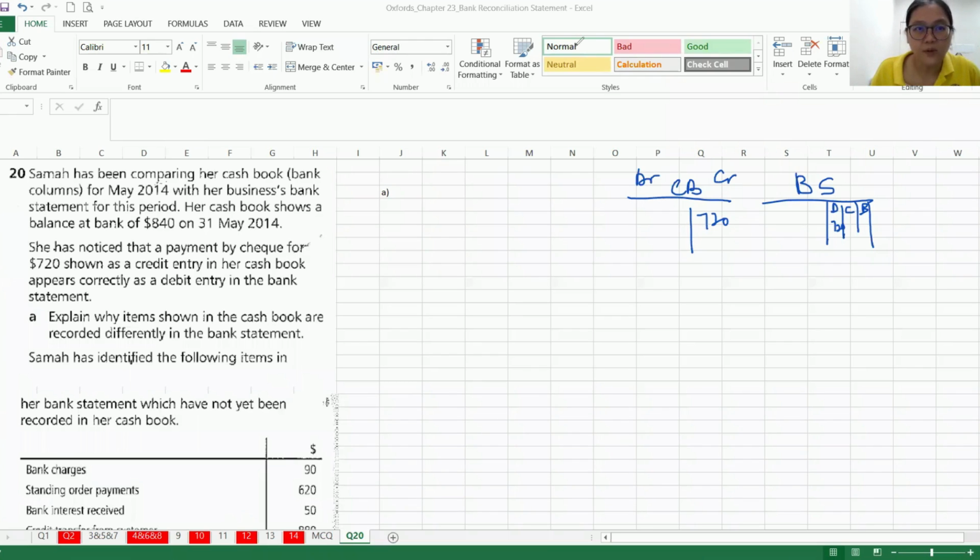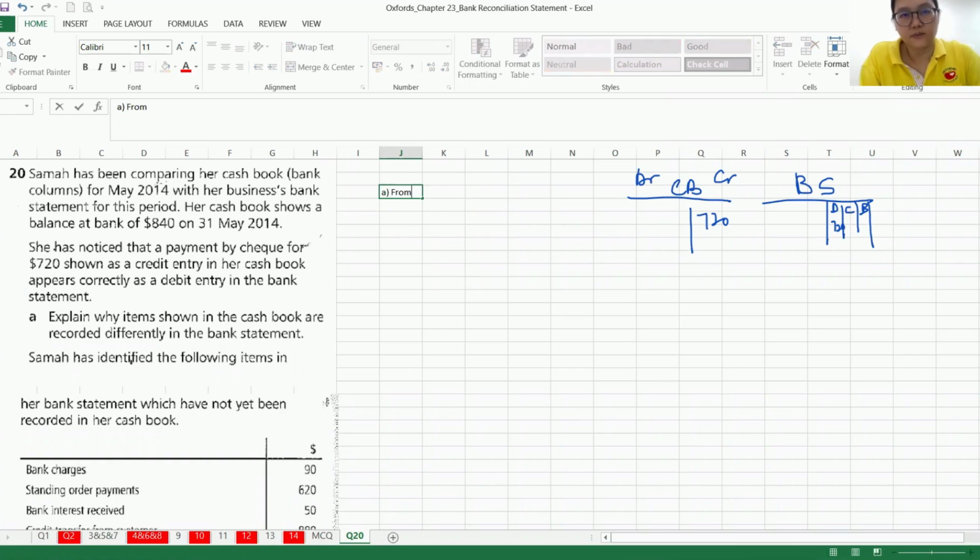Because from the bank's point of view, okay, we write it down first. Since they're talking about the cash book first, we start with the cash book. From the business point of view, a payment made by the business will reduce the amount in the bank account.